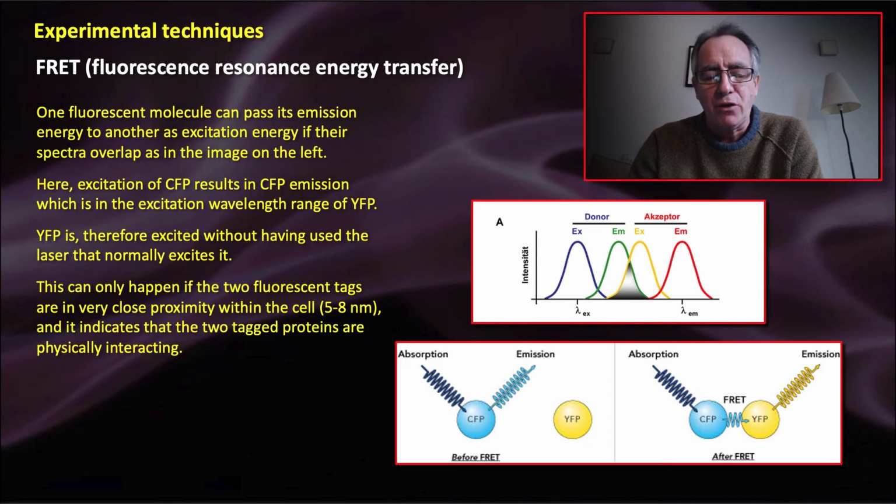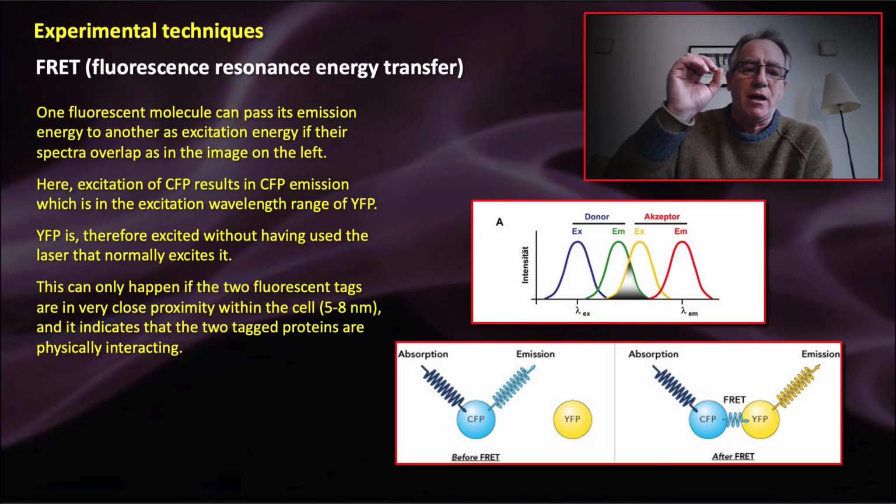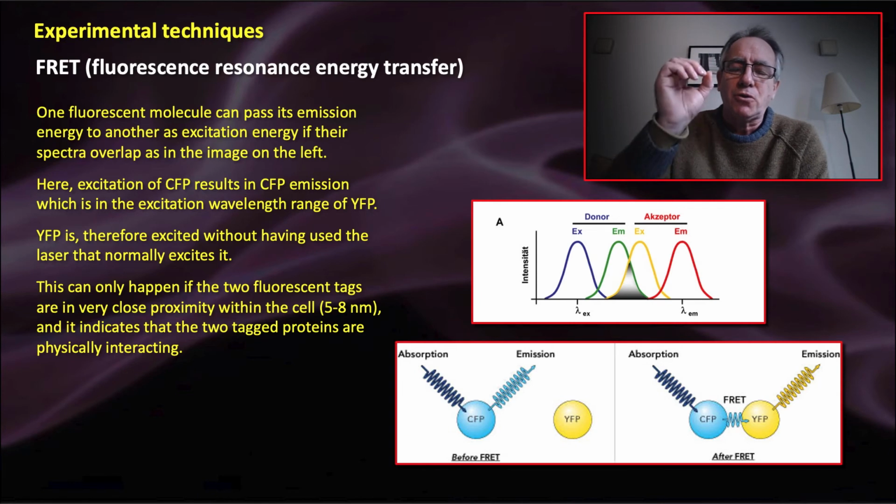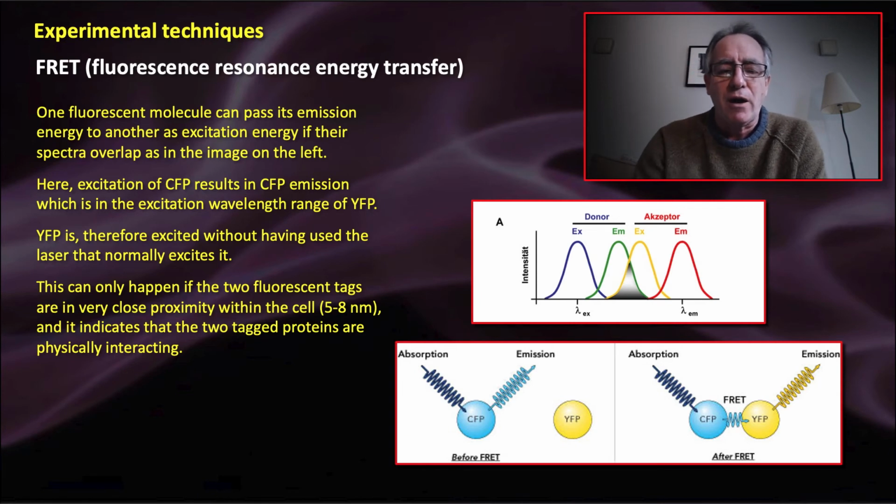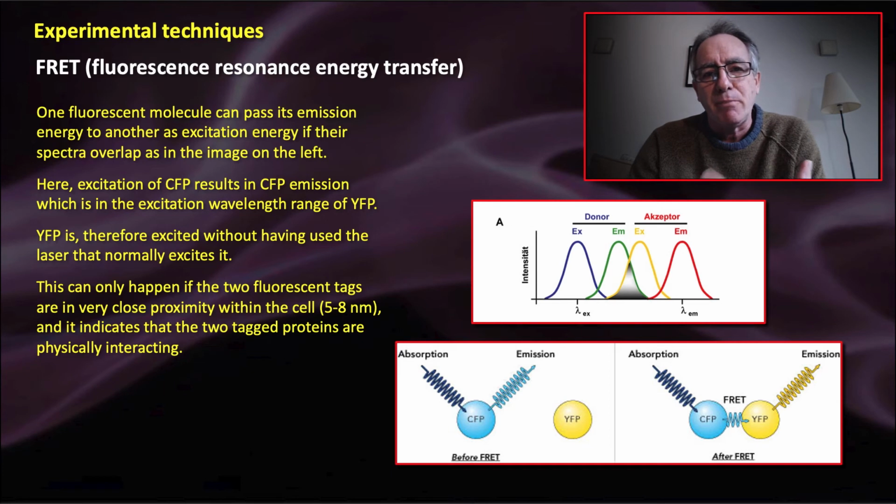That's very, very curious. There's one absolutely important criterion for making FRET work in a cell, and it's the basis of the experimental technique. This can only happen if the two fluorescent tags are in very close proximity within the cell, i.e. within 5 to 8 nanometers of each other, and it indicates that the two proteins are physically interacting with each other.